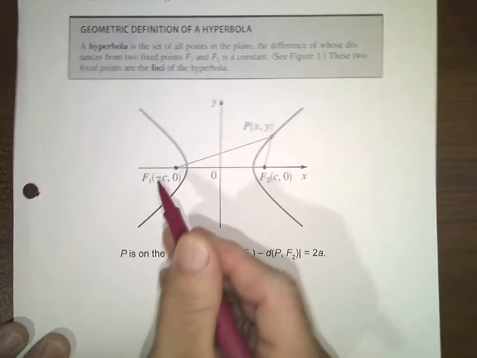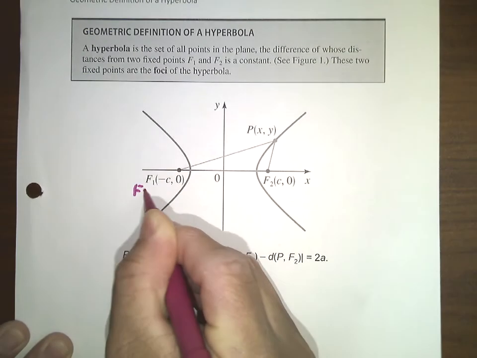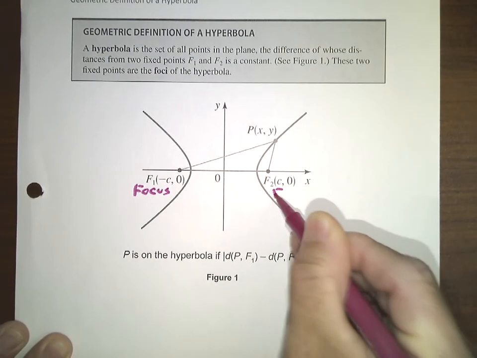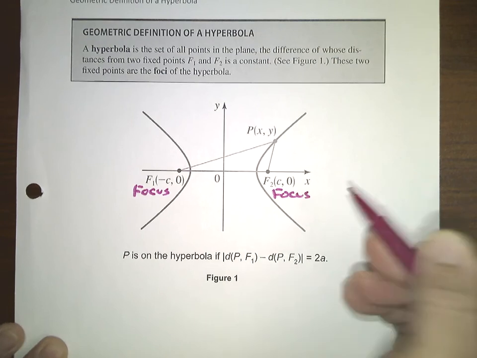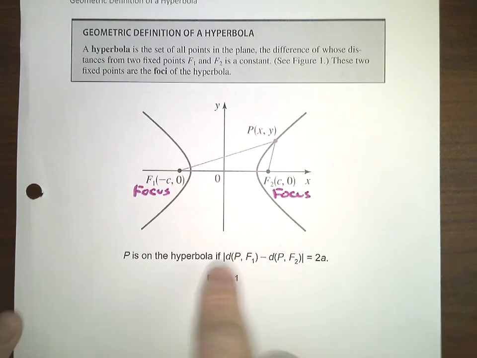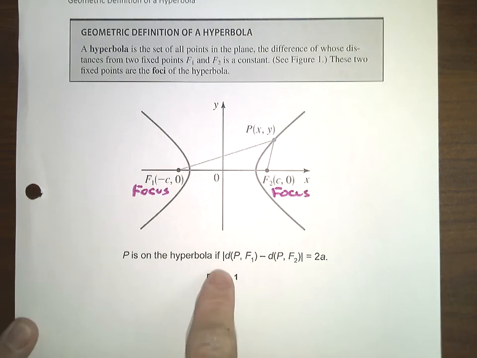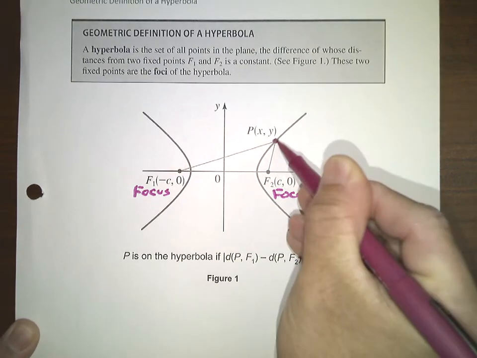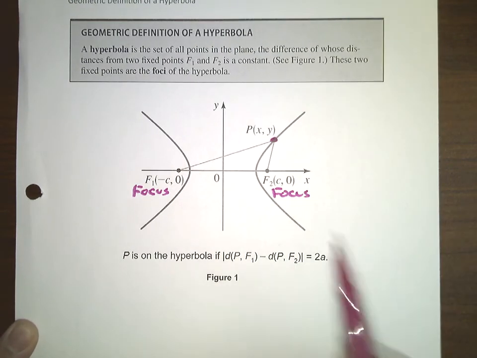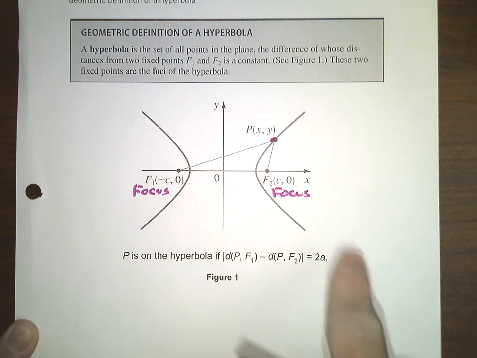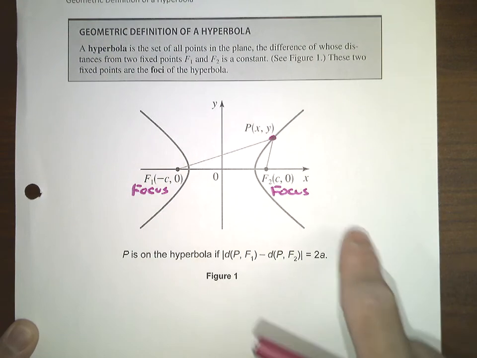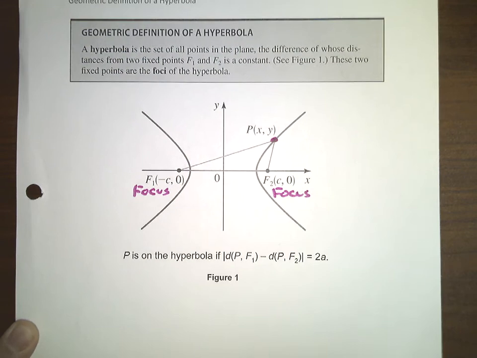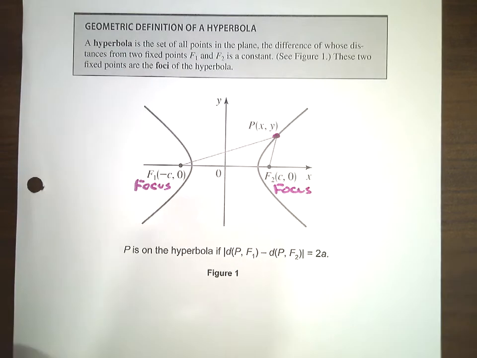So here, this is a focus over here, and this is a focus over here, and you can see that if P is a point on the hyperbola, then the distance between P and F1 minus the distance between P and F2 will be equal to 2a.